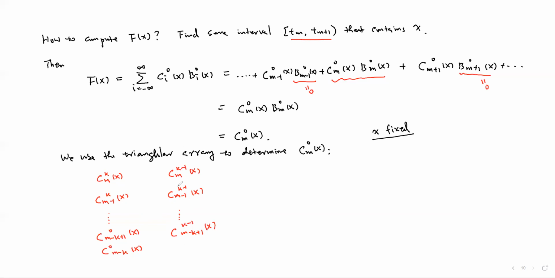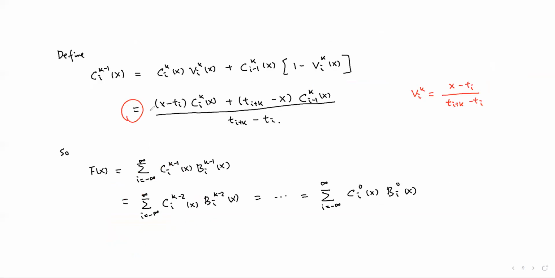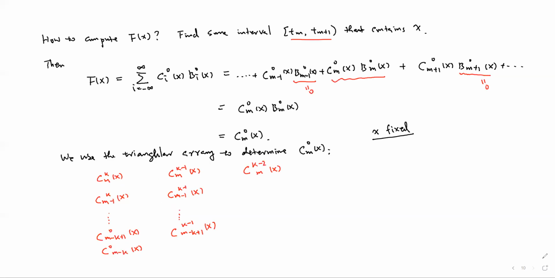After we know Ck-1, we can compute Ck-2 by the same formula. Replace k with k-1, then we get k-2. Here is Cm-1,k-2, and so on.